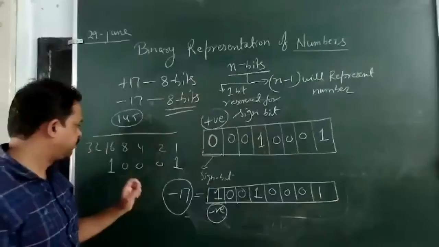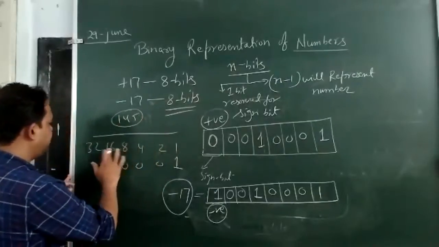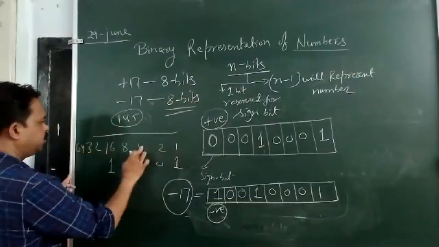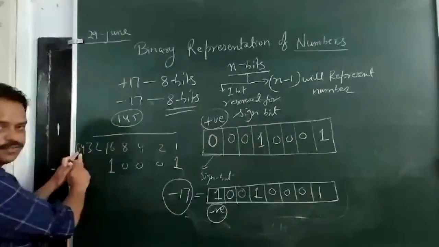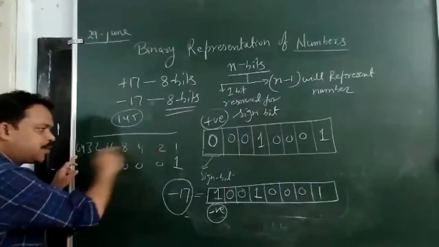Using 8 bits, out of 8, we have only 7 bits: 1, 2, 3, 4, 5, 6, 7, till 64. You want to represent 145. Just check it. Are you going to get 145?